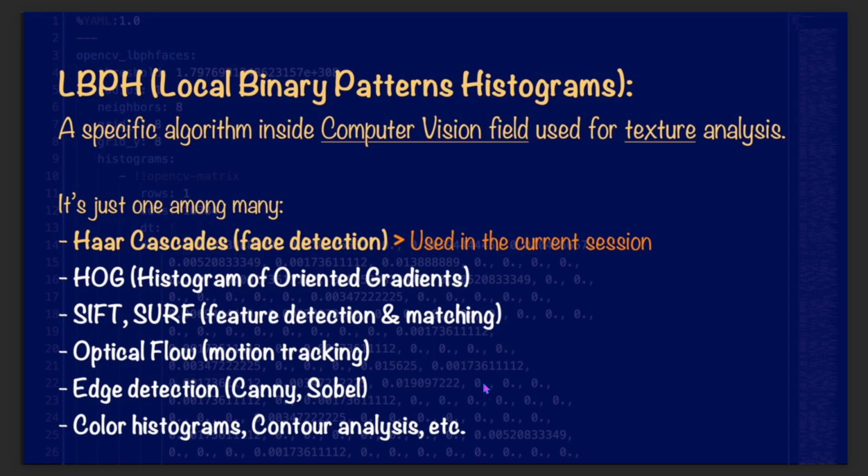LBPH, or Local Binary Pattern Histograms, is a specific algorithm inside the computer vision field used for texture analysis. It's just one among many, like Haar Cascades, that we're using today to detect the faces.